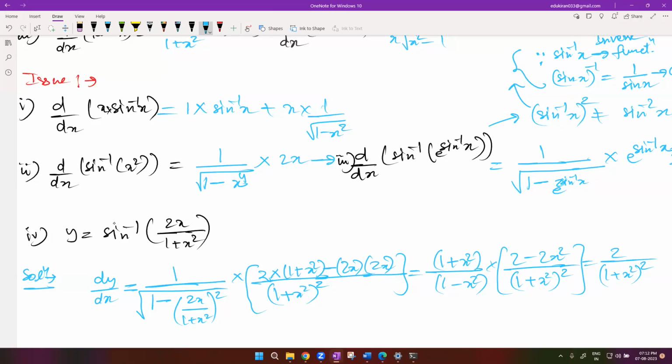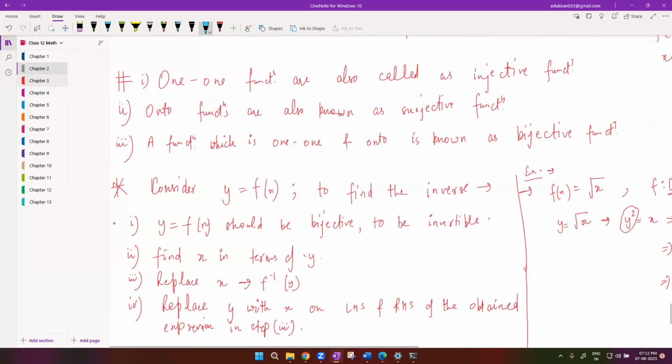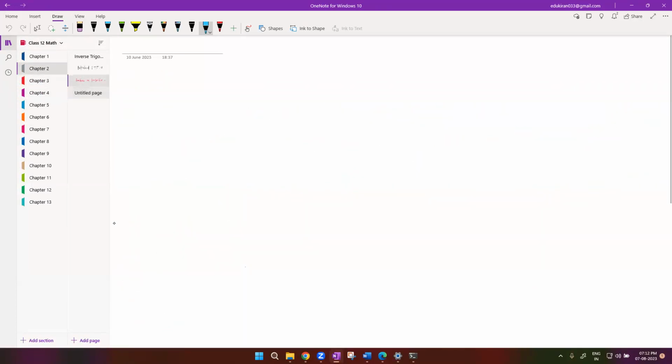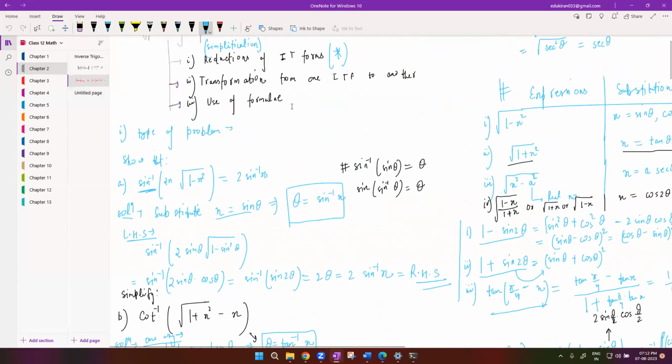In place of x, if we substitute correctly, then we can reduce this function into a simpler function, and then it can be differentiated directly. So for that, we need to understand the substitutions involved here, which we have already done in inverse trigonometric functions. Let's go to inverse trigonometric functions. I do not remember where we have written these kind of things, but we should have written somewhere. Yeah, reduction of ITF forms.